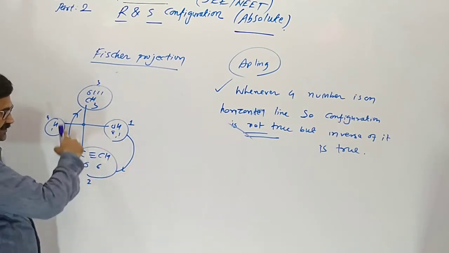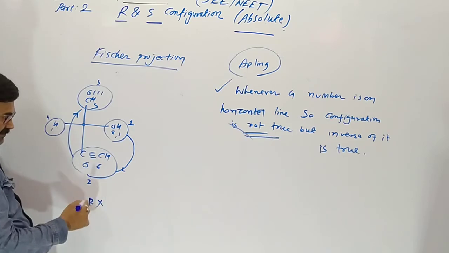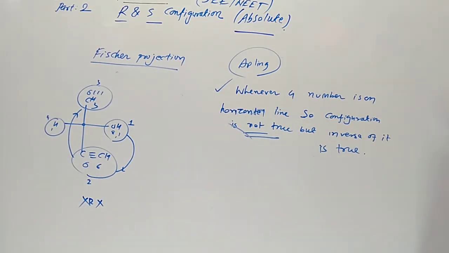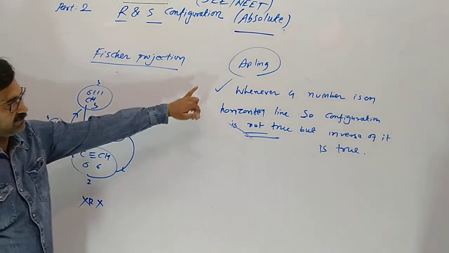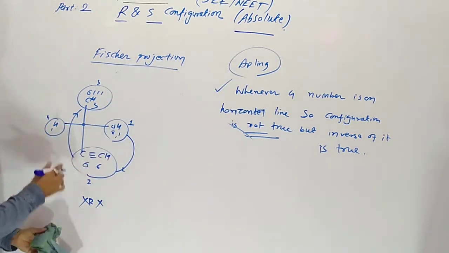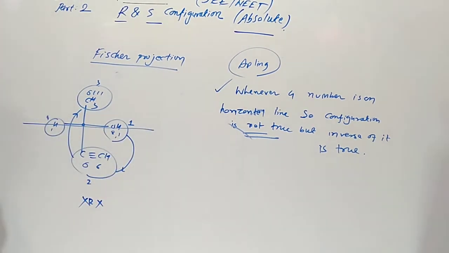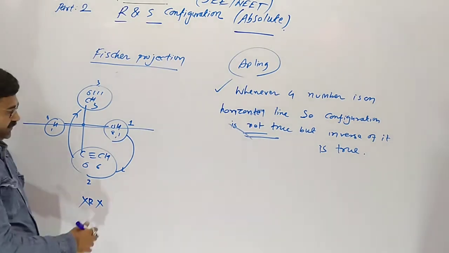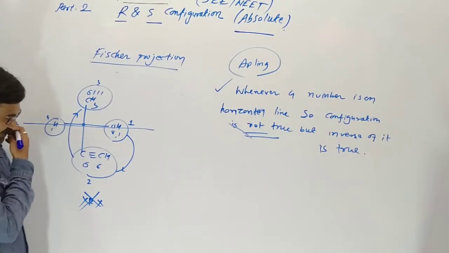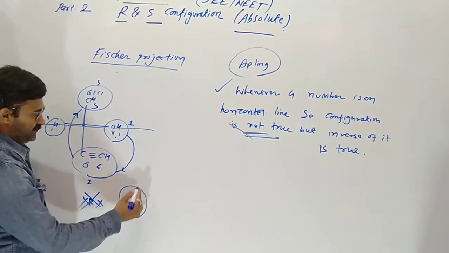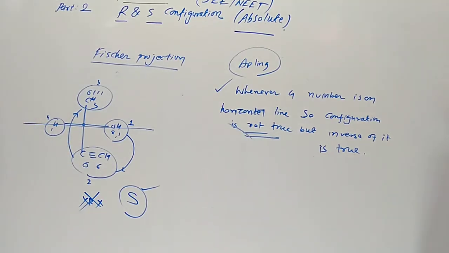In reading the 1, 2, 3 sequence it appears R, but it is not actually R. This rule is given by Fischer. Our number 4 is on the horizontal line now. So the appeared configuration is wrong and the inverse of it is true. So this one is not R but S.